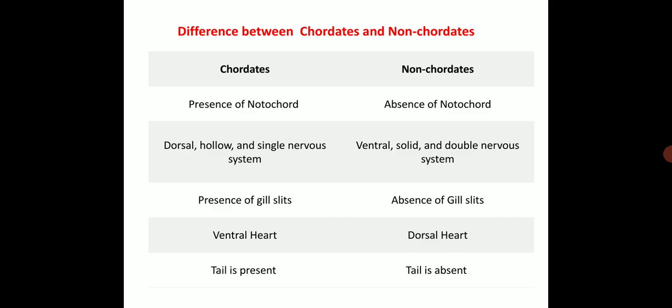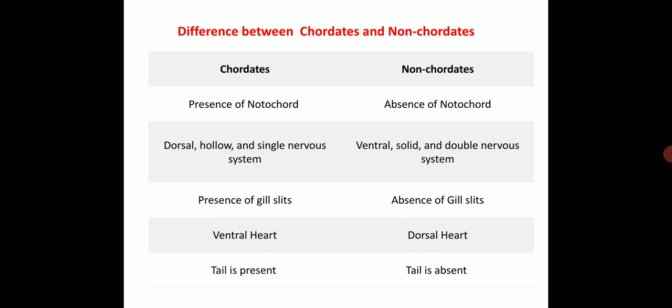When you differentiate between chordates and non-chordates, here are some of the differences. In chordates you can see the presence of notochord, whereas in non-chordates it is absent. In chordates there is a dorsal, hollow and single nervous system, whereas in non-chordates it is ventral, solid and double.